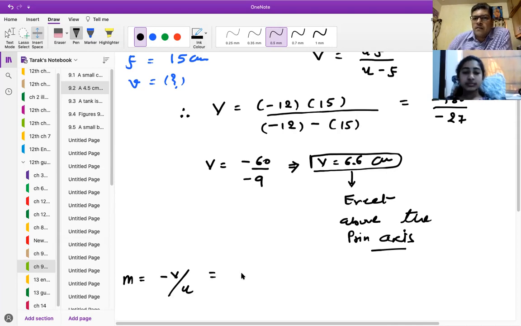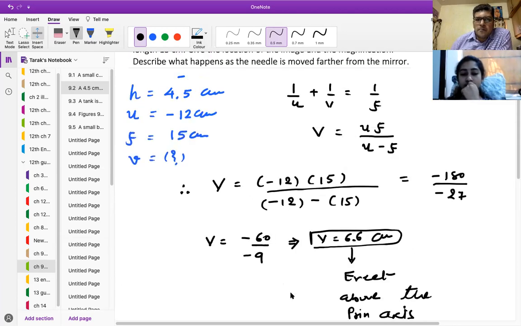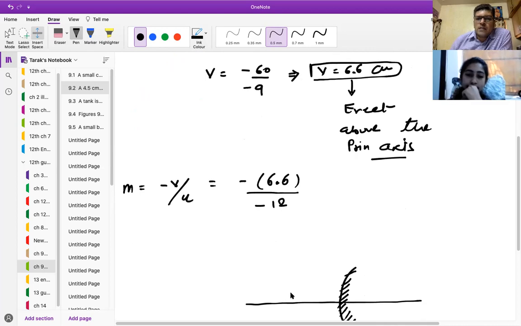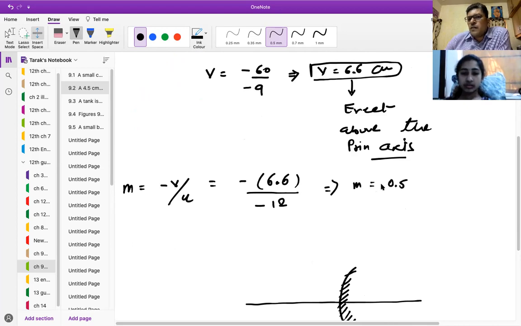My v is 6.6 and my u is again negative, 12. The negatives cancel out. So 6.6 divided by 12 is around 0.5. So my magnification is 0.5.